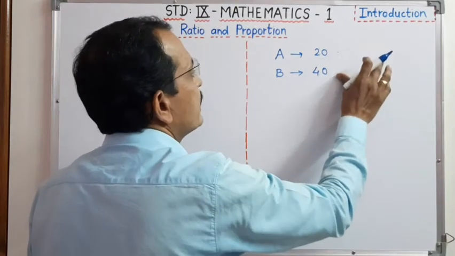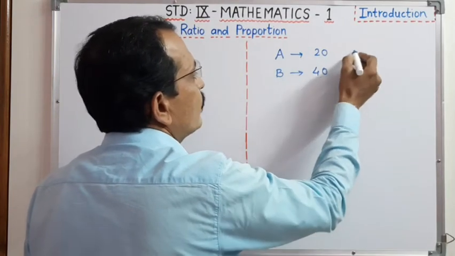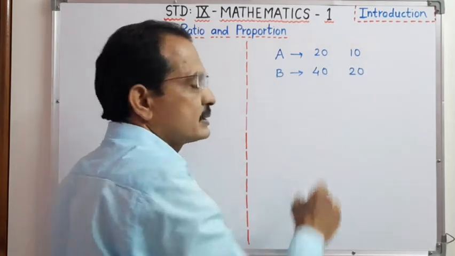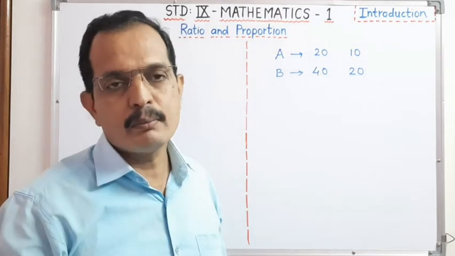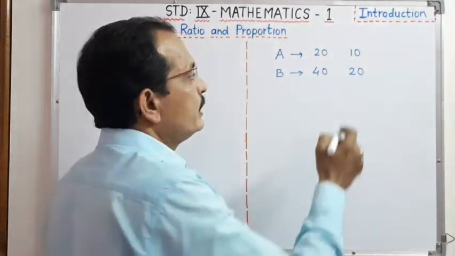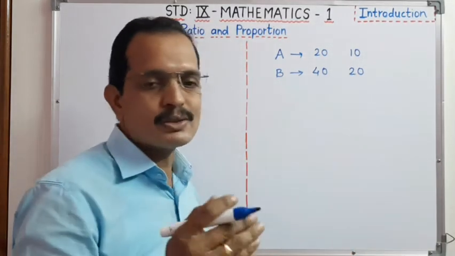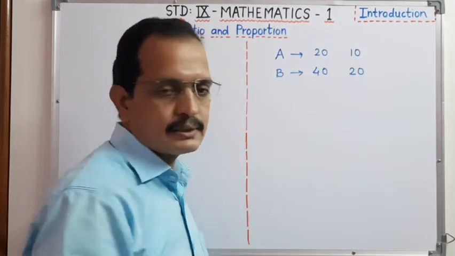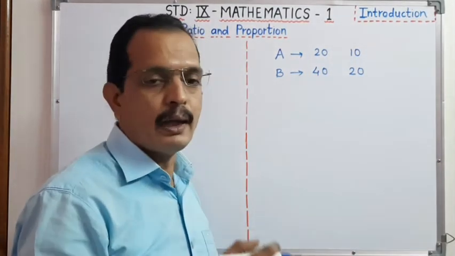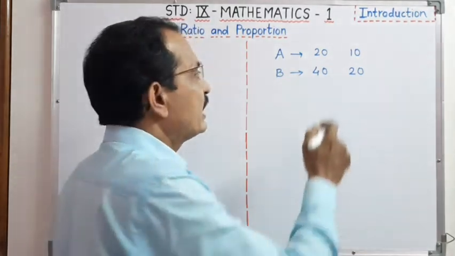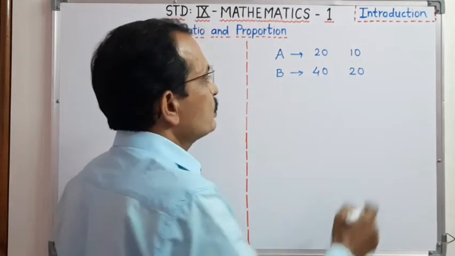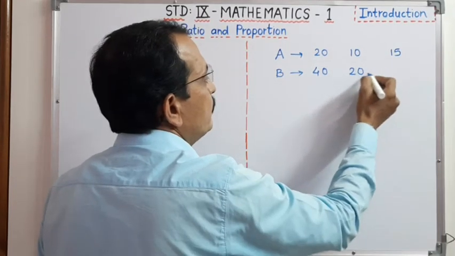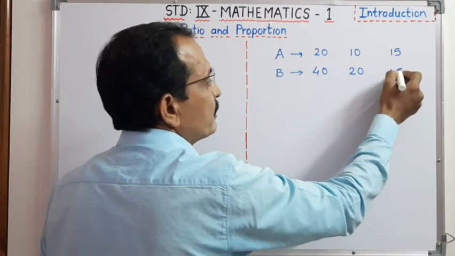In the same way, suppose A got 10 marks, then B got 20 marks. If we have to compare the marks of both the students, here we can compare in less or more type. That is, A got 10 marks less than B and B got 10 marks more than A. Suppose A got 15 marks, then B got 45 marks.